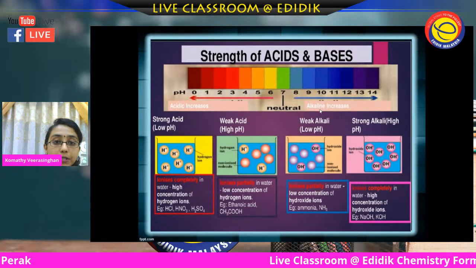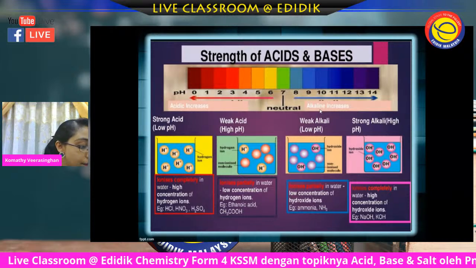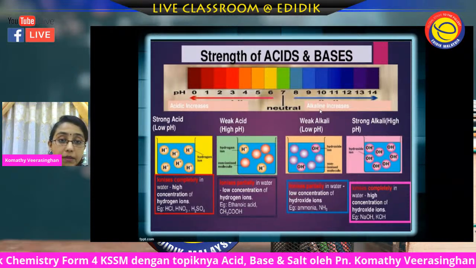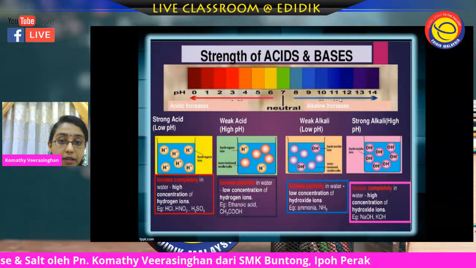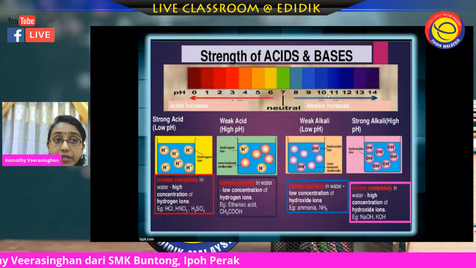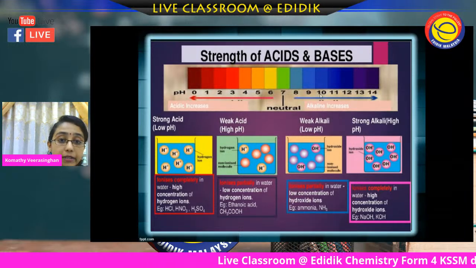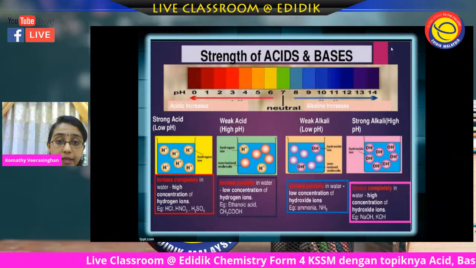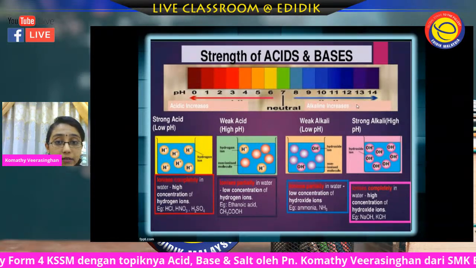Now I'm going to move on to the strength of acids and bases. For the strength of acids and bases, we can know the strength based on the pH value. Just now some of you gave me that acid means the pH value must be 1 to 7 and so on, right?